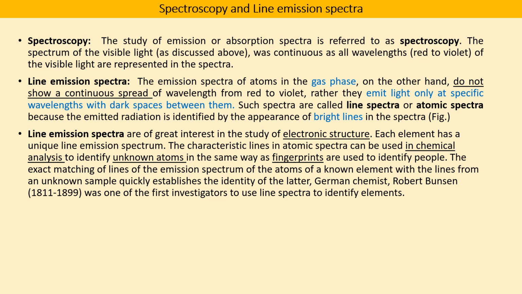Line emission spectra are of great interest in the study of electronic structure. Each element has a unique line emission spectrum. The characteristic lines in an atomic spectra can be used in chemical analysis to identify unknown atoms in the same way as fingerprints are used to identify people.